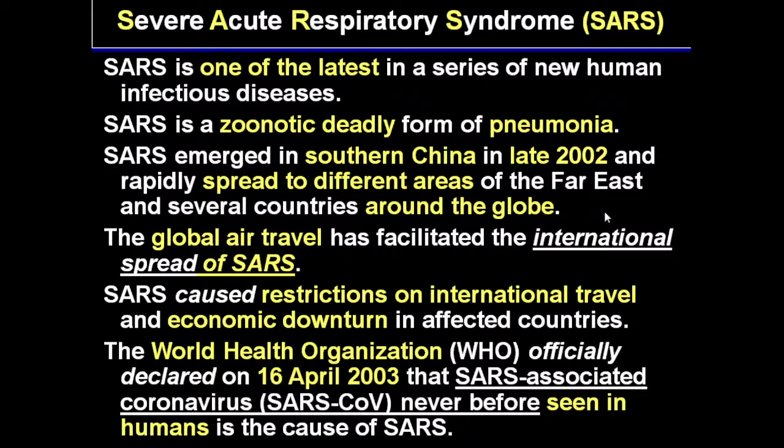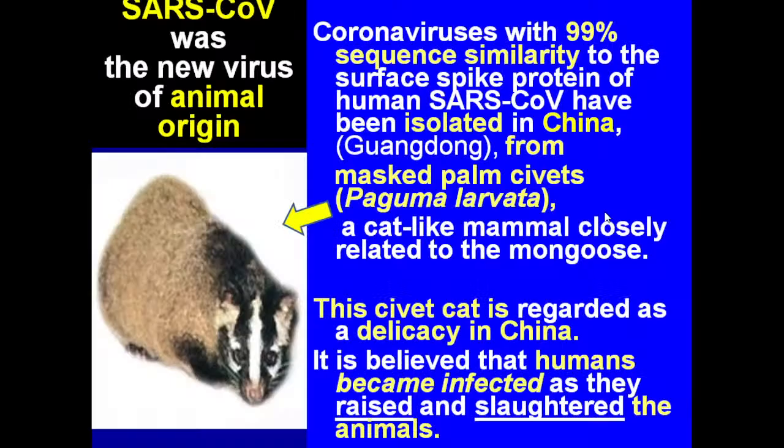And the World Health Organization officially declared on the 16th of April 2003 that the SARS-associated coronavirus, never before seen in humans, is the cause of SARS. So it was proved by WHO, I would like to repeat, in 2003.